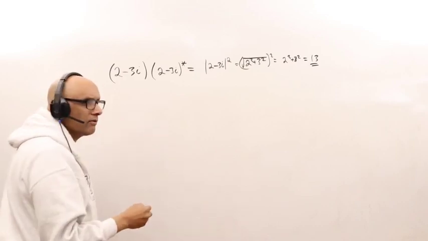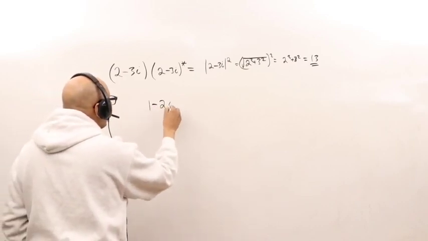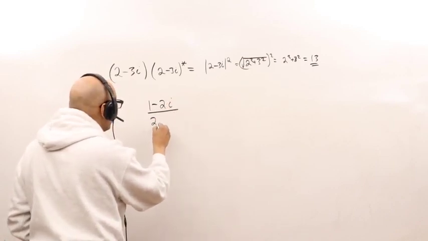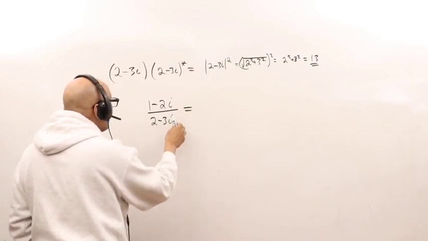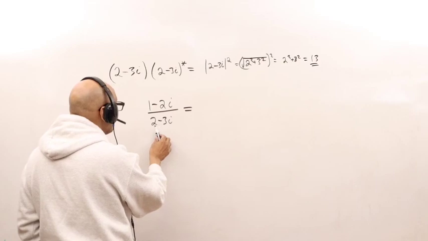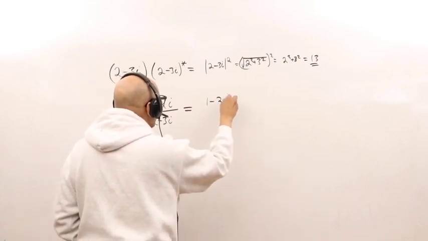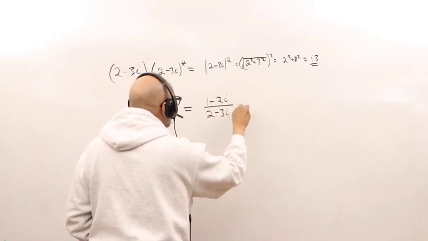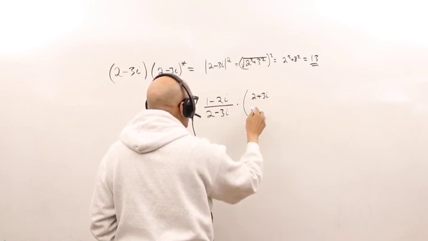So when we have a division of two complex numbers, we can multiply by 1, using the complex conjugate of the denominator. So this would be (1 minus 2i) over (2 minus 3i), multiplied by (2 plus 3i) over (2 plus 3i), which is the complex conjugate.